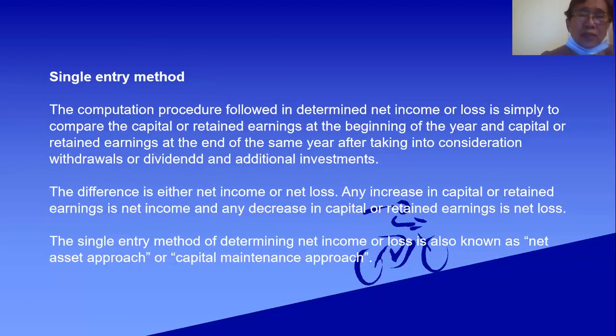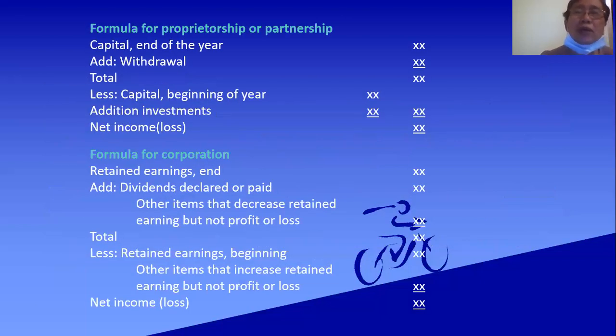The single entry method of determining net income or loss is known as the net asset approach or the capital maintenance approach. So we have now the formula for a single proprietorship or partnership.